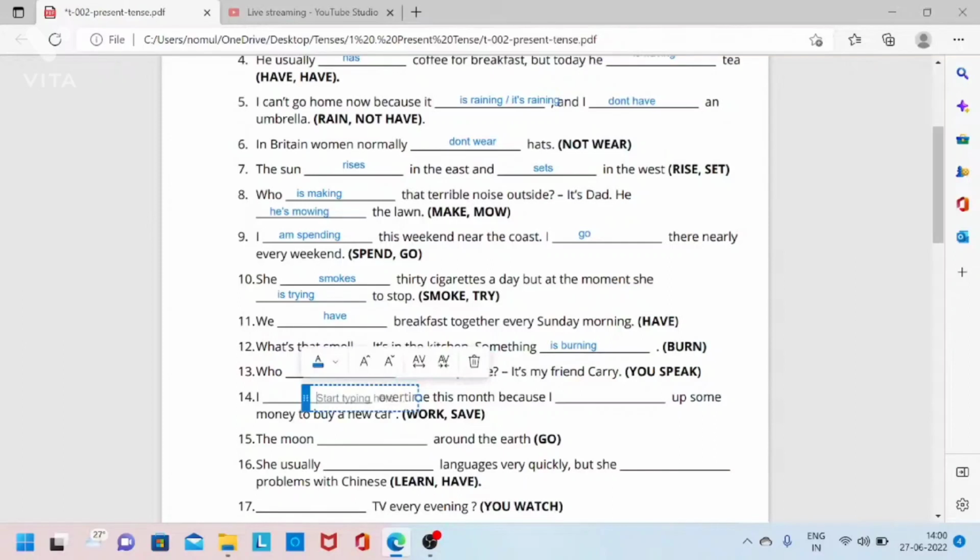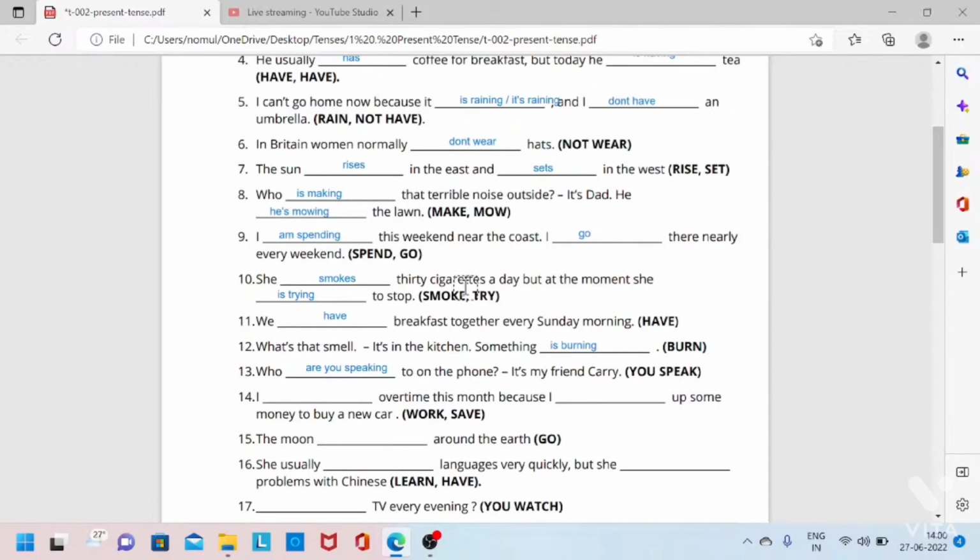Next, I am working overtime this month because I'm saving up some money to buy a new car. So what happened here? Helping verbs like work and save are okay.